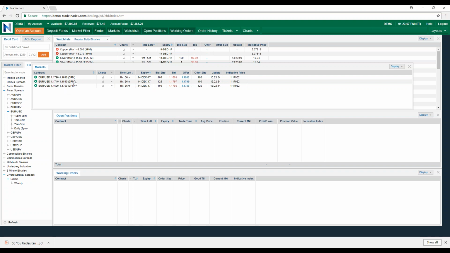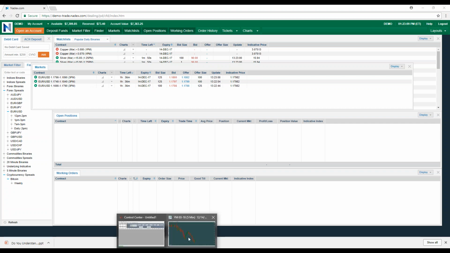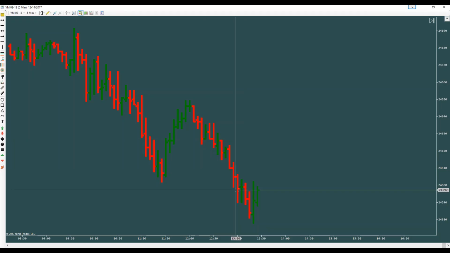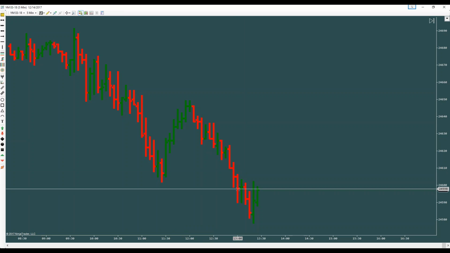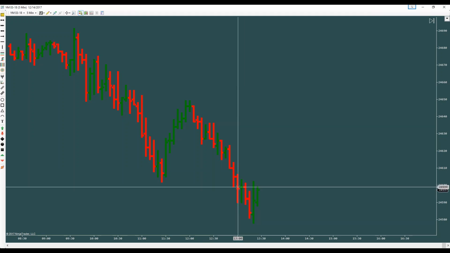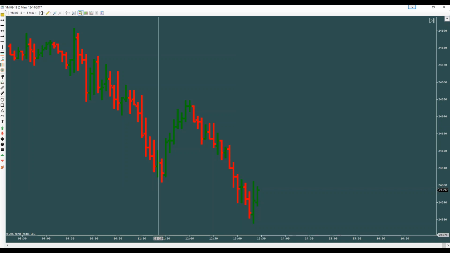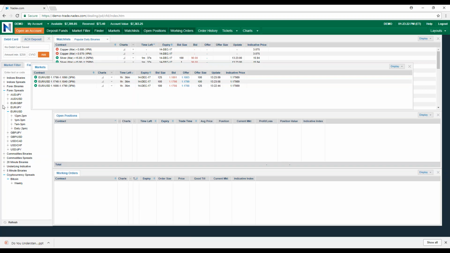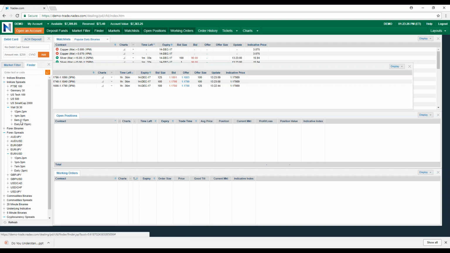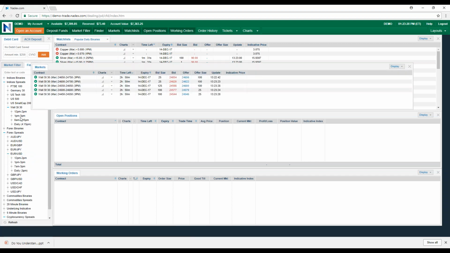So these spreads that opened up at 1 p.m., where was the market at about 1 p.m. here? Right here at 24,598. You see that? Well, let's go back over here to the Dow, and let's just happen to pull up these 1 p.m. spreads, okay?